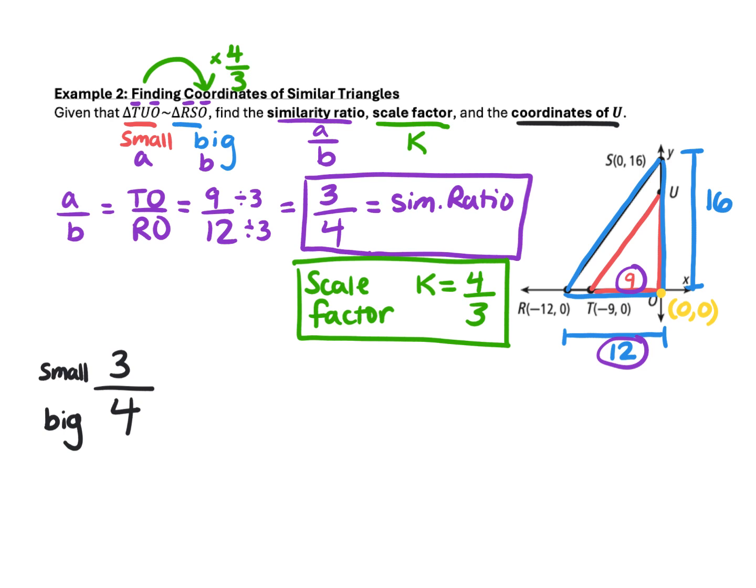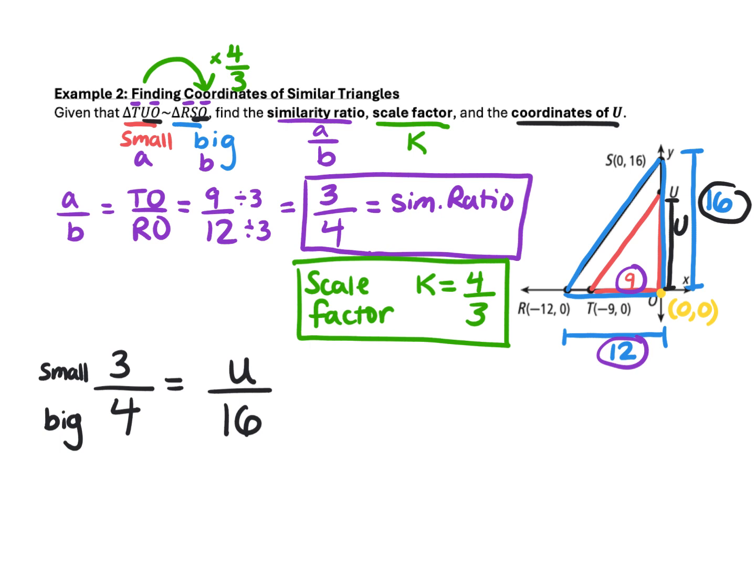So if I look over here in my picture, this 16, which is SO, is part of the big triangle. So I have to put the 16 right here. And then UO is what we're trying to figure out. So this is my missing piece right here. UO is X. And I'm just going to use the letter U here.